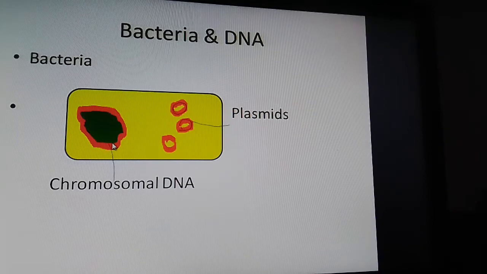Chromosomal DNA in the sense having many genes, and the substances produced out of the genes help different life activities of bacteria including reproduction. But the plasmids carry very specific genes which may be advantageous to certain activities of the bacteria.